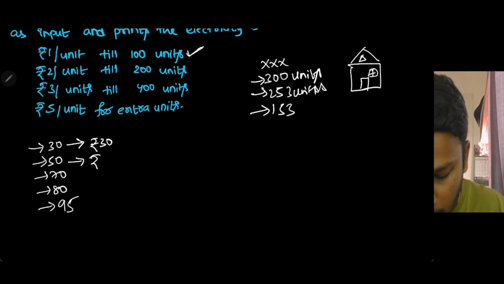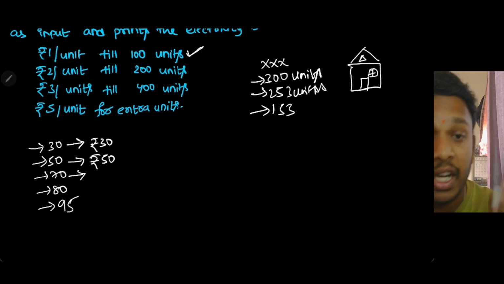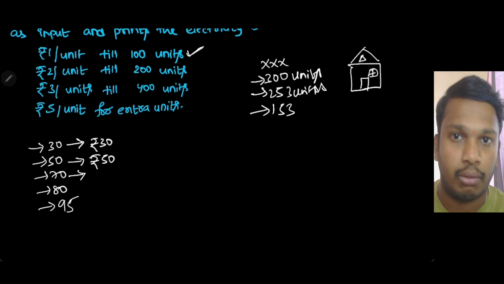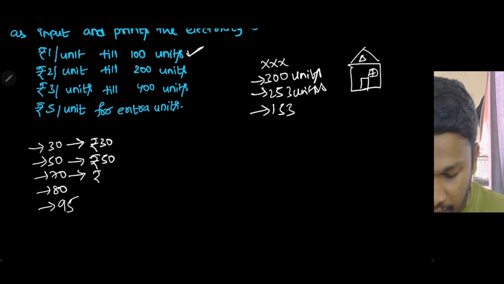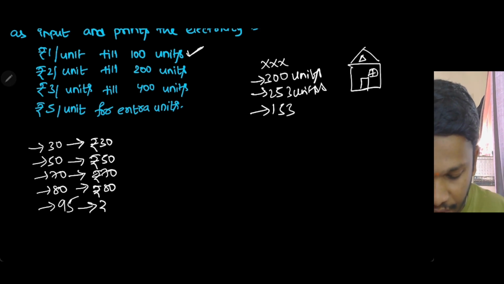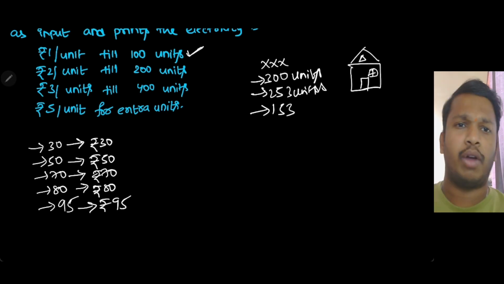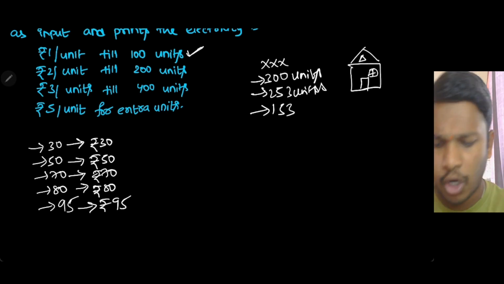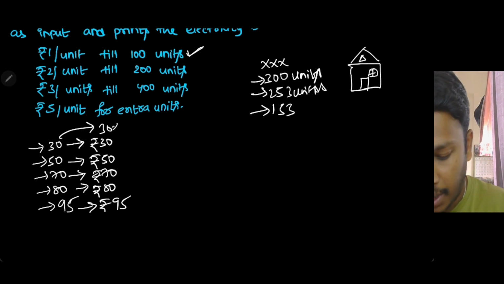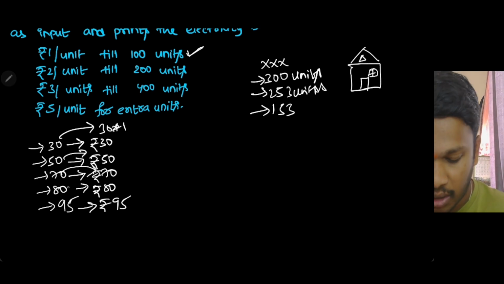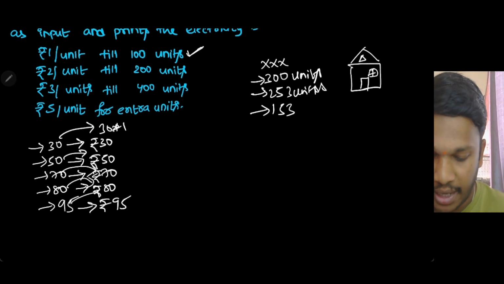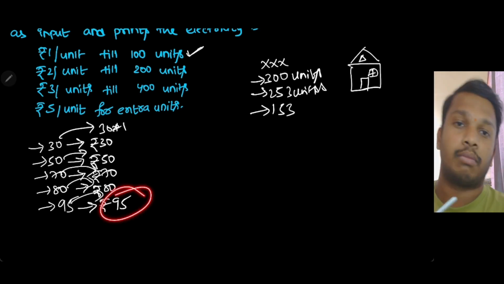If 50 units, your bill is 50 rupees. If 70 units, which is less than or equal to 100, your bill is 70 rupees. If it is 80, he will pay 80 rupees. If it is 95, he will pay 95. Why? Because till 100, 1 unit is 1 rupee. So 30 into 1 is 30, 50 into 1 is 50, 70 into 1 is 70, 80 into 1 is 80, 95 into 1 is 95.